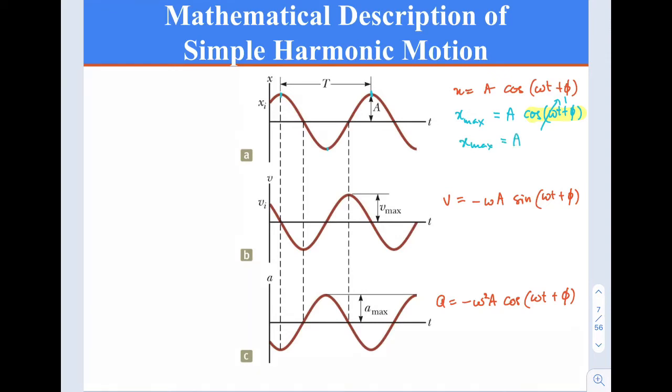Proof. For v maximum, just now I already showed, it is equivalent to negative omega A. For acceleration, the maximum is equivalent to negative omega squared A. And you may replace the omega with square root of k over m for a mass spring system.